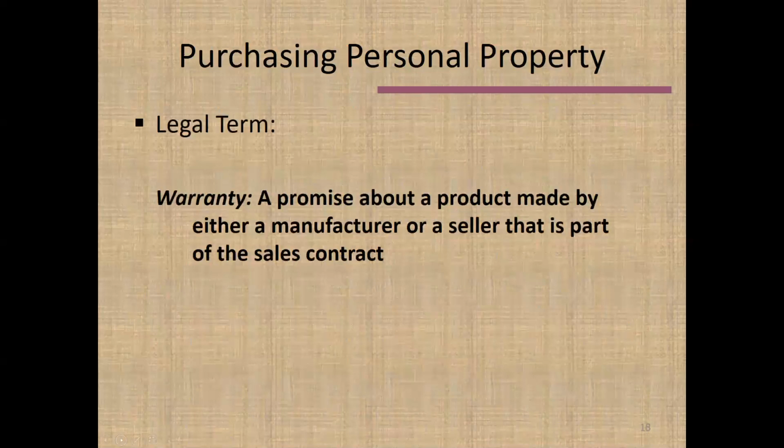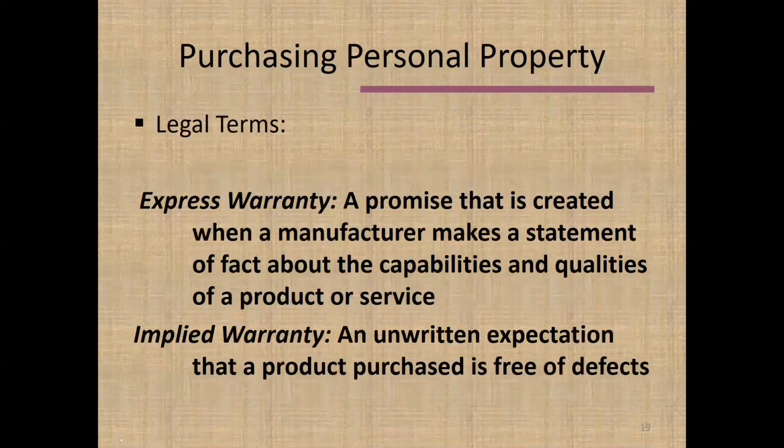So anyway, it's a promise about the product made by either a manufacturer, the maker, or the seller that is part of the sales contract. It is part of the reason you buy that particular model lawnmower. You like what the promises are that Toro has put behind it. That is maybe one of the features that made this particular lawnmower appealing to you. You might have paid a little bit more for it, and that becomes part of that transaction.